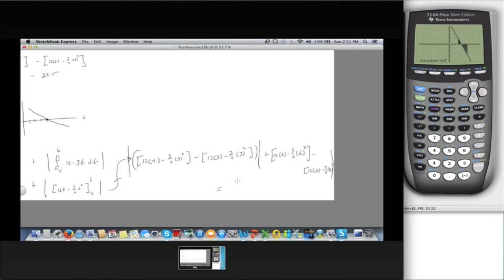I'm going to take this one step at a time. 24 minus 12 times 3 minus 3 divided by 2 times 3 squared.